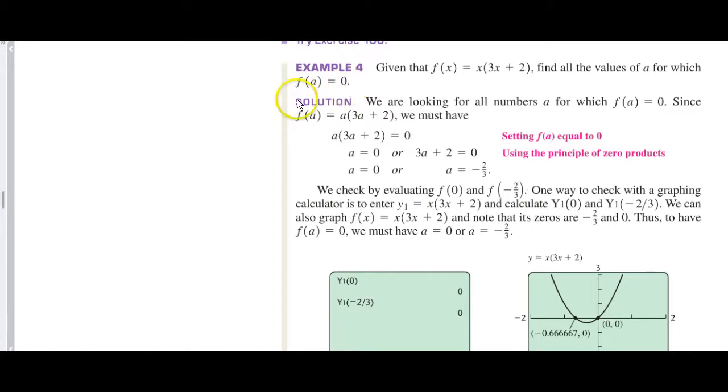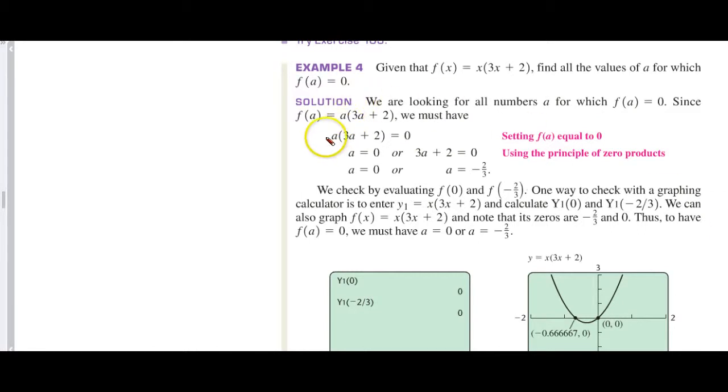Okay? And they're going to say, well, substitute all your x's with the letter a. So here, this becomes an a, this becomes an a. So we just have that. And we have it equaling 0. So how do we do it?